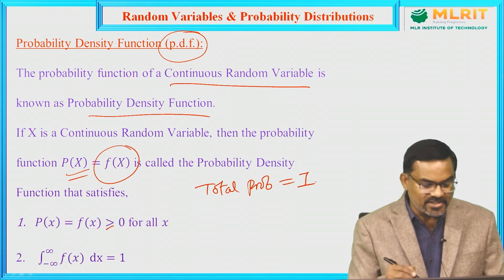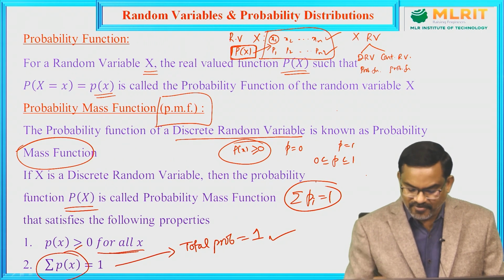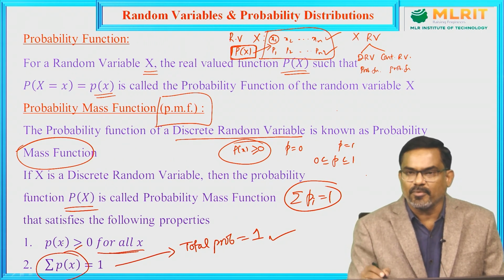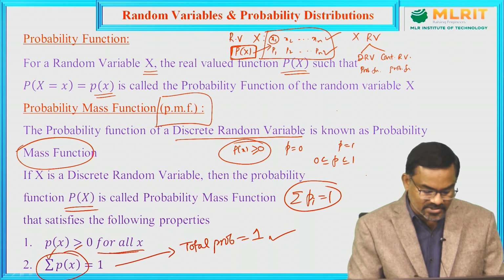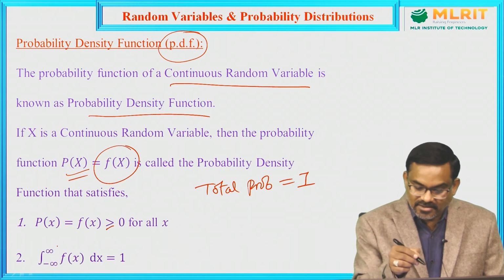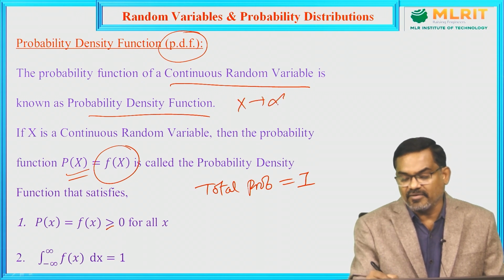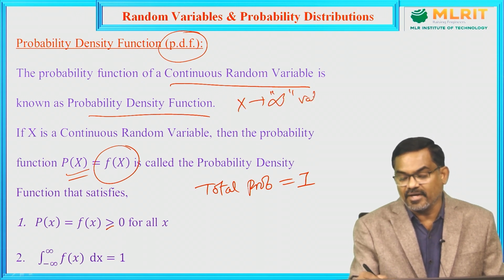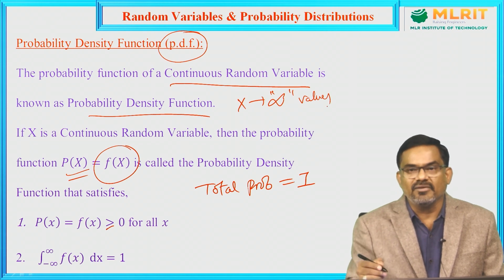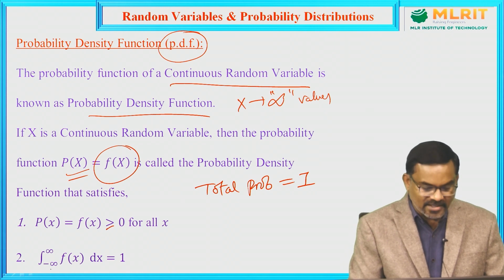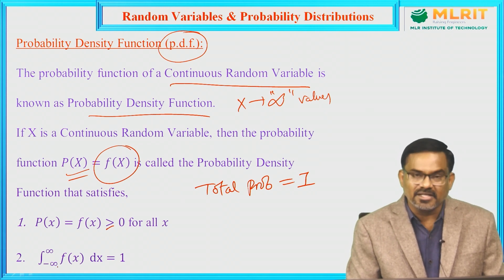In the case of a discrete random variable, since the values are finite, we can add all the corresponding probabilities, so we can denote it using sigma notation. But in the case of a continuous random variable, x takes infinite values. How can we add infinite values directly using summation? That is why we use integration. Integral from minus infinity to plus infinity of f of x dx is 1.